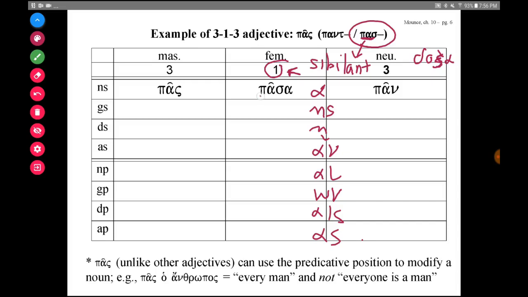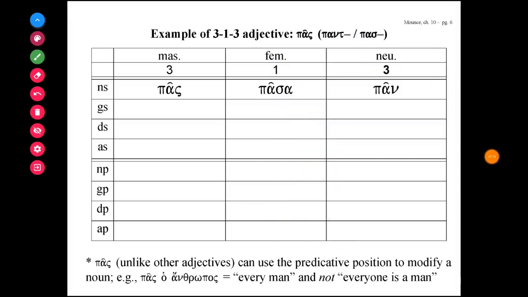So add alpha to the stem pas, and you get pasa. That's the nominative singular form. The genitive singular form is pases. The dative form is pase with iota subscript. The accusative singular is pasan. What about the plural forms? The nominative plural is pasai, the genitive plural, pason, the dative plural, pasais, and the accusative plural, pasas.